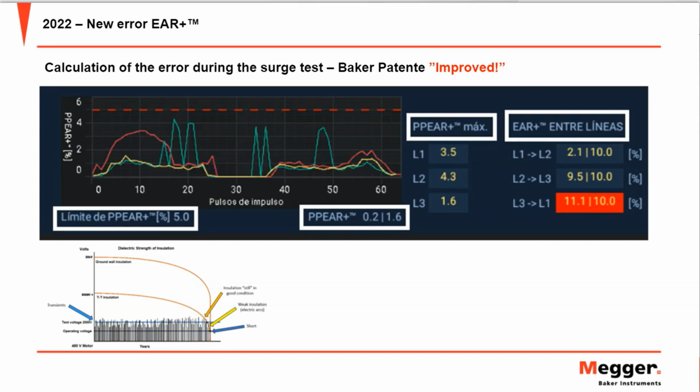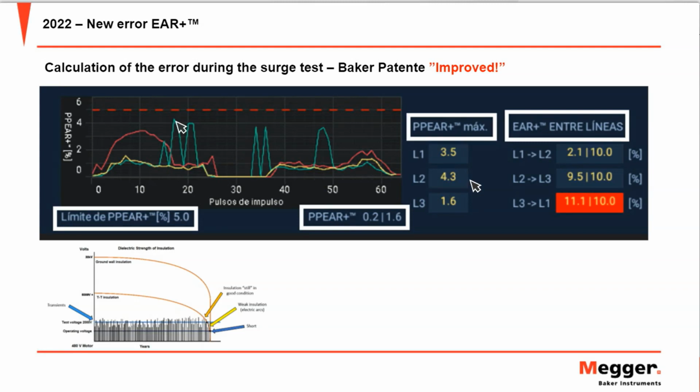So we are the only brand that can show in real time the error for each individual lead of the motor. So we have here 3 colors. Line 1, 3.5, that means this one, 3.5. Line 2, the pulse-to-pulse, 4.3 here.